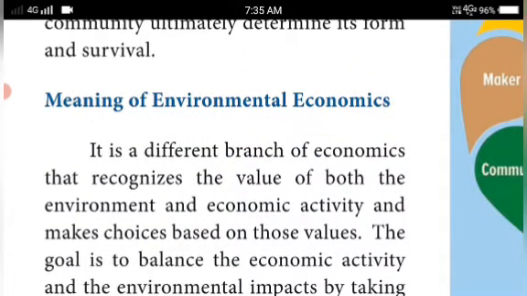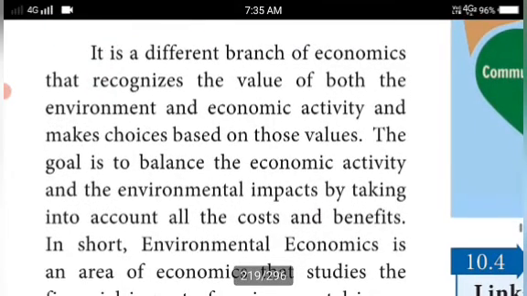Meaning of environmental economics. Here, how can we utilize economics in the environment? It is a different branch of economics that recognizes the value of both the environment and economic activity and makes choices based on those values. In economics, we are using choices, isn't it?